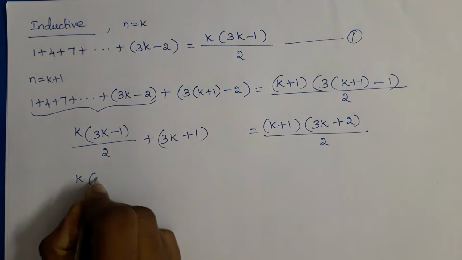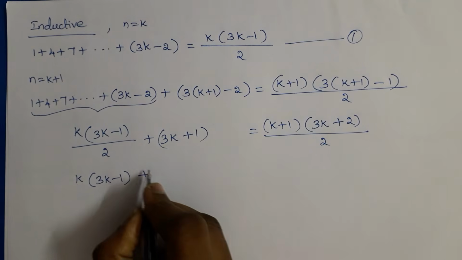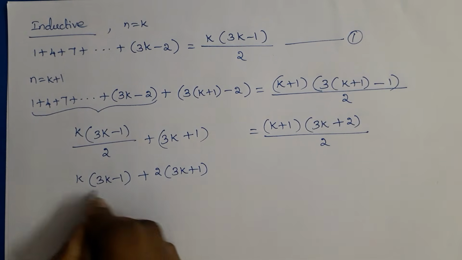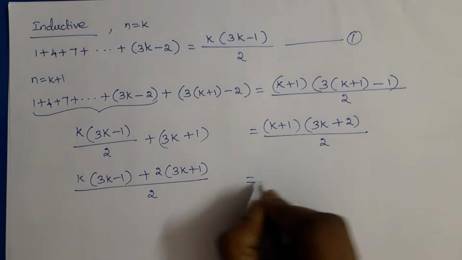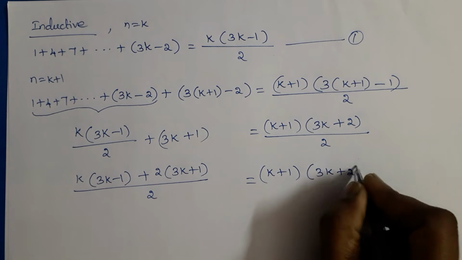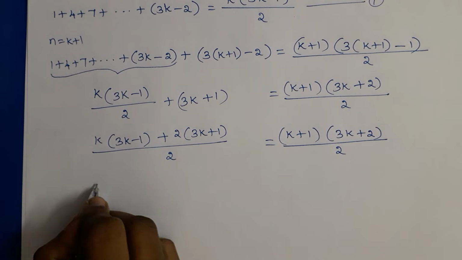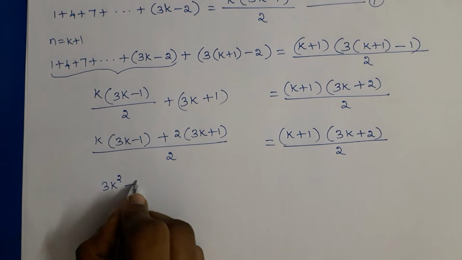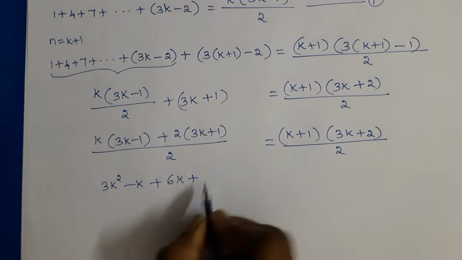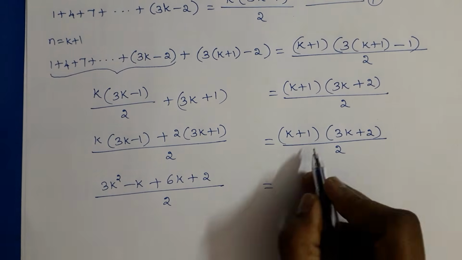So k into 3k minus 1 plus, taking the LCM, 2 times 3k plus 1, divided by 2 is equal to k plus 1 into 3k plus 2 divided by 2. Now we can simplify this equation. 3k square minus k plus 6k plus 2, divided by 2, is equal to multiplying these two terms.